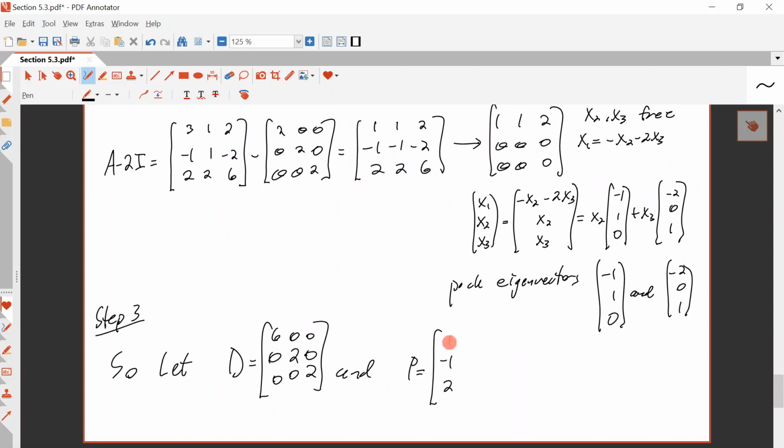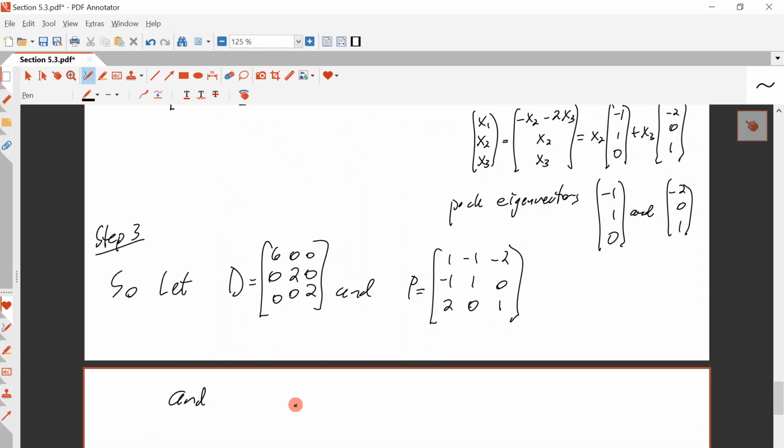Right, that's the eigenvector for the 6. So the 6 goes in the first column, right? Eigenvector for 6, eigenvalue for 6. And then eigenvectors for 2, minus 1, 1, 0, and minus 2, 0, 1.